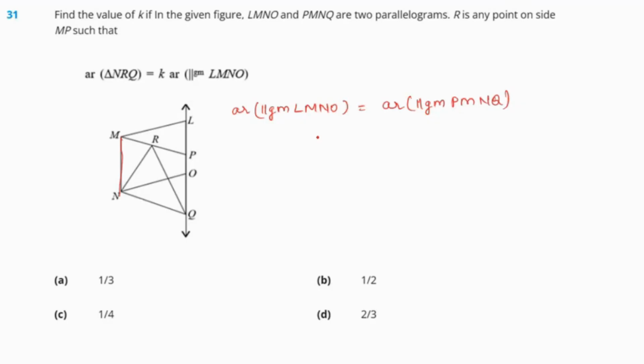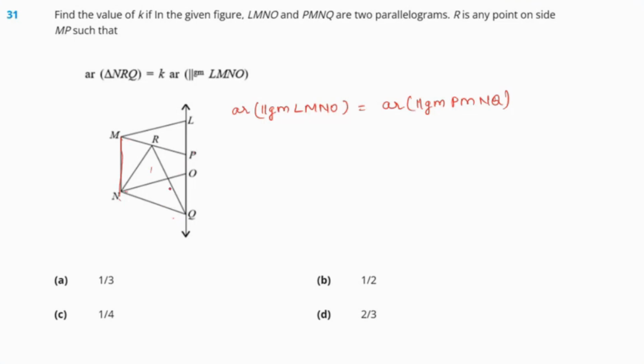Now, in the parallelogram PMNQ, the triangle NQR shares the same base NQ and lies between the same parallel lines NQ and MP.